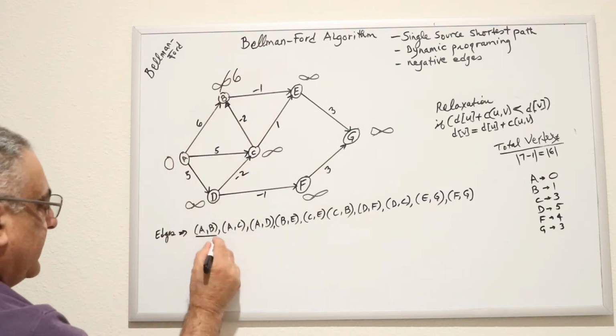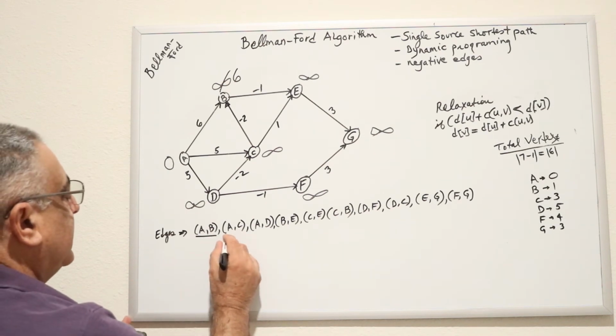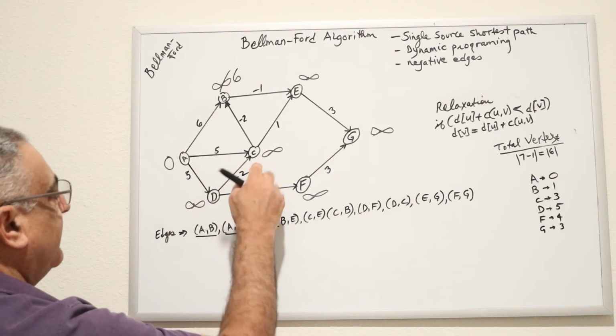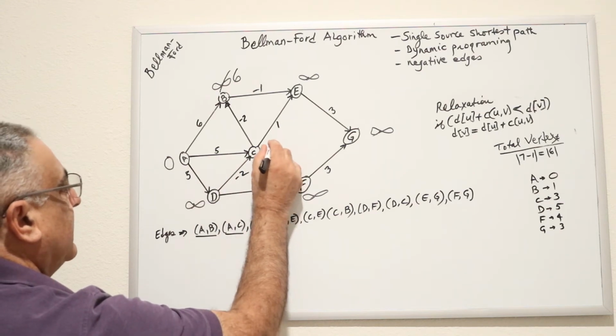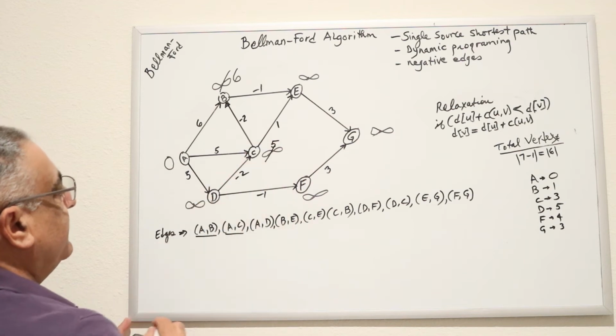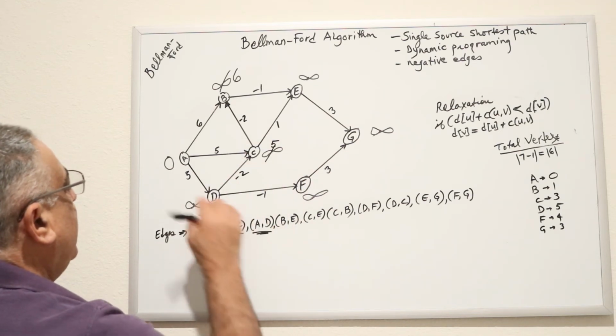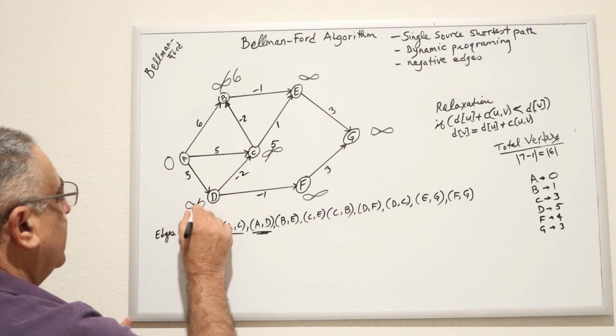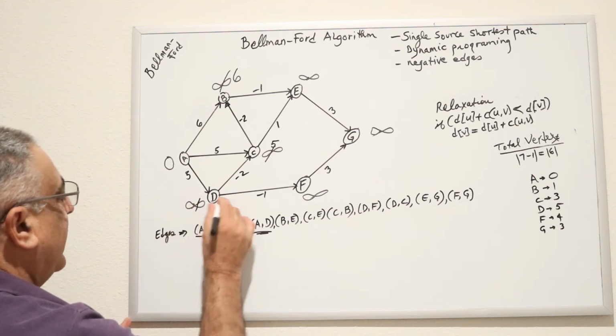Alright, that's this one. Now, how about A to C? 0 plus 5 is 5. It's less than infinity, so I'm going to change this to 5. A to D. 0 plus 5. It's also less than infinity. I'm going to change this one to 5.